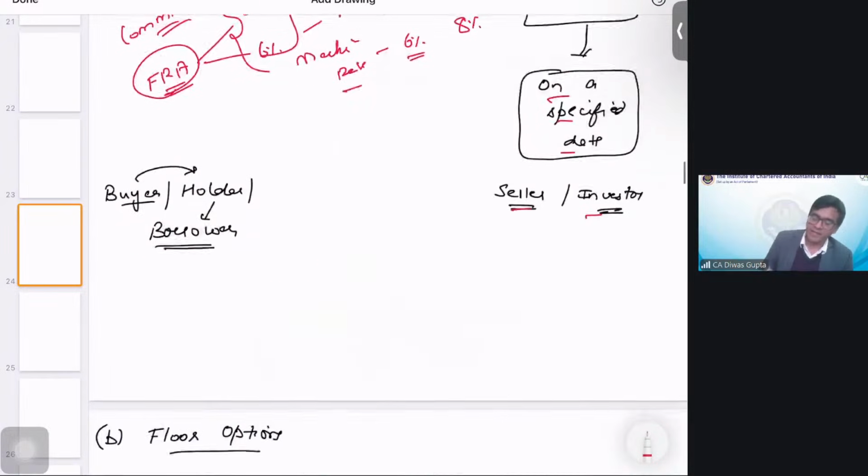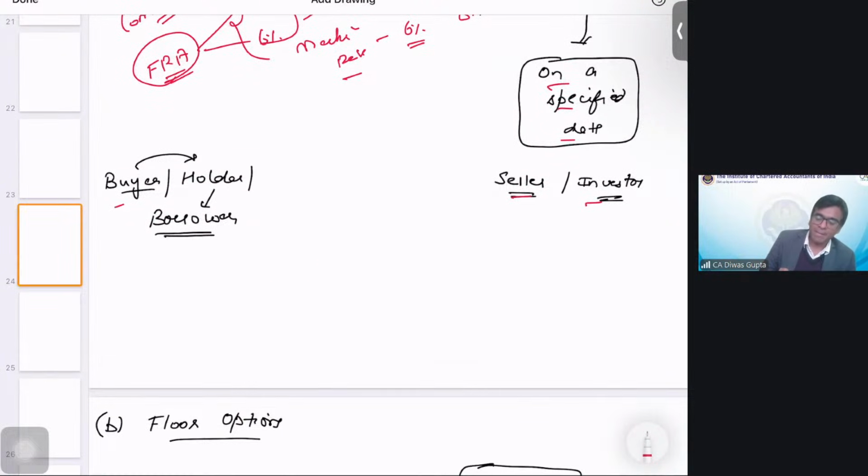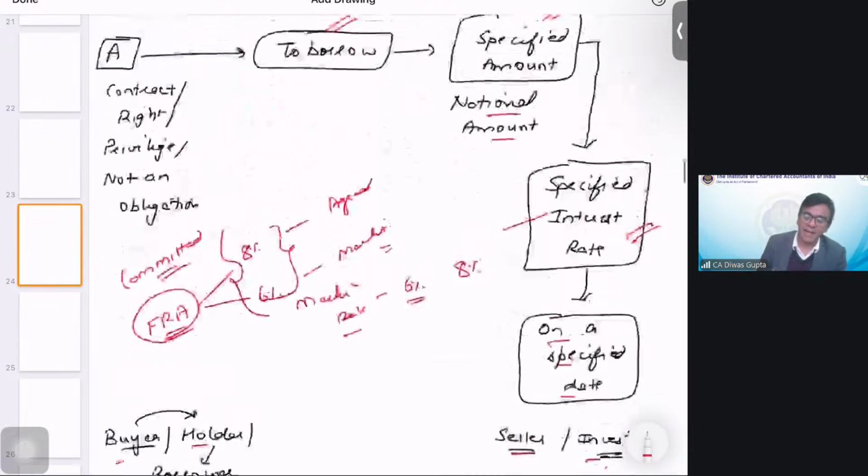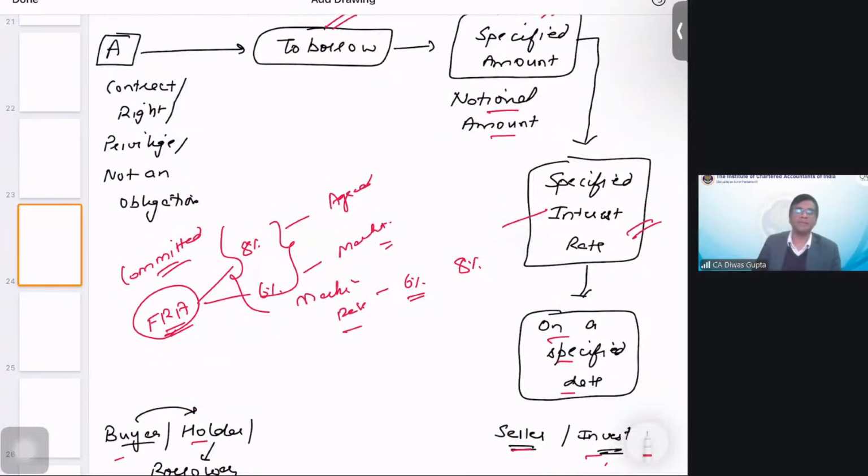Okay, let's come to the parties first, then we will go there. There is a buyer, holder, borrower, similar to the financial options that we have discussed, and then there is a seller or investor who is going to invest, right? Who is going to write that option. Now the buyer will become the actual borrower on execution, and the seller, or let's say the investor, will have to invest the amount in case the option is exercised, right?